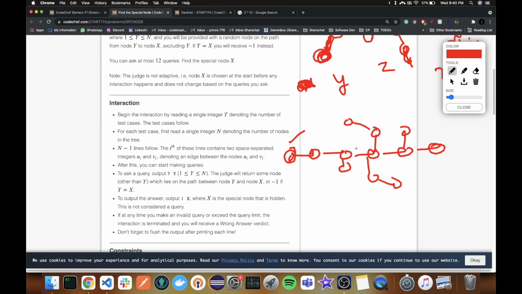Wait, what am I doing? I query at the middle. I'll either get something in left or something in right. That would mean, let's say I get this value, that would mean the answer is here. Do I recalculate the diameter?